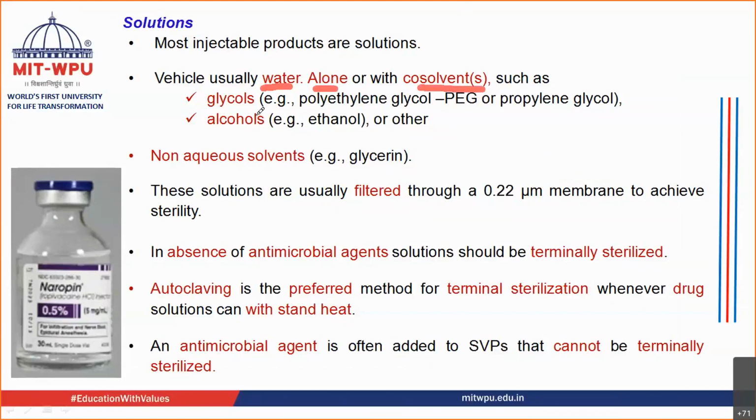Most of these we have already studied earlier. Co-solvents such as glycols can be used. Co-solvents such as alcohols can be used. If you consider glycols, then polyethylene glycols or propylene glycols can be used. If you take alcohol as a co-solvent, then ethanol is the most preferred co-solvent among alcohols.